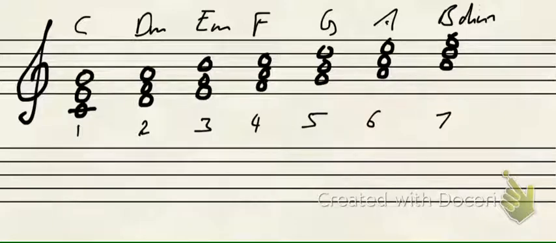But now we just use numbers, and to indicate the quality we use the dash or the minus sign for the minor and nothing for major. And of course, if you have the diminished, then we just use the diminished sign.